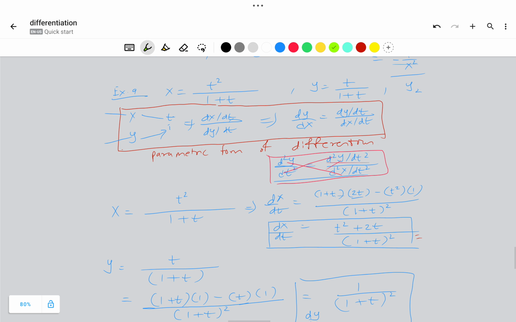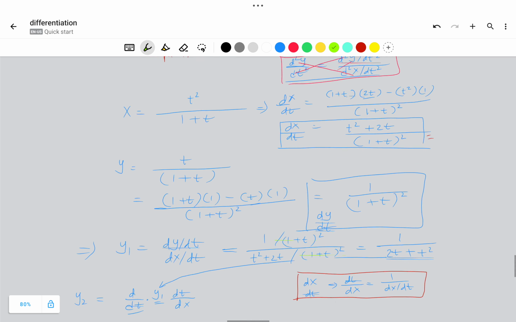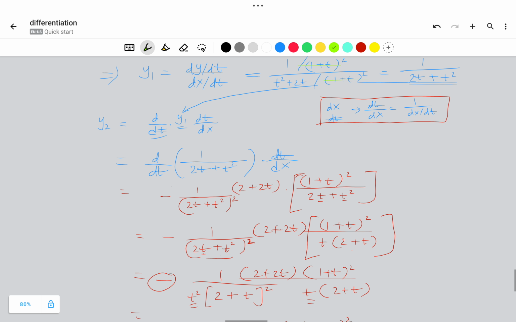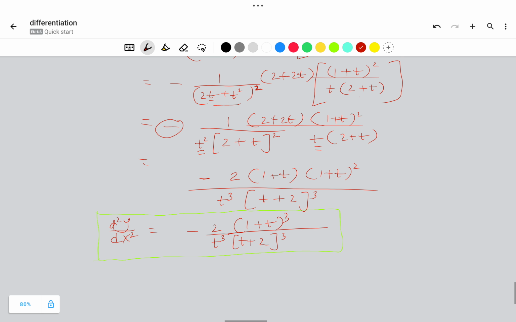First we are reaching dx by dt and then dy by dt, and then we are calculating dy by dx in terms of dy by dt and dx by dt, and here we are applying the chain rule, like the derivative of x, then the compensation of the t component. So this was all for this part.